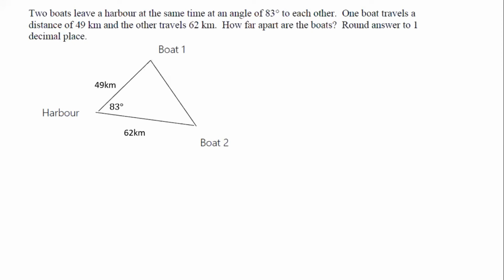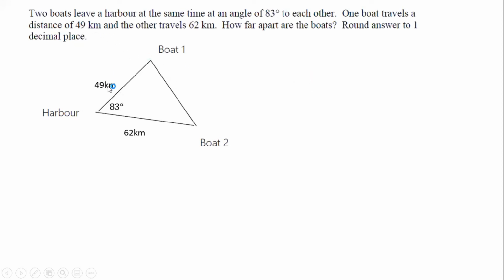So I don't get it. No? Okay. Like the 49 km and the 62 km. Yeah. All right. Let's read what the question says. 2 boats leave a harbor. Here's a harbor right here. At an angle of 83 degrees to each other. That's why there's an 83 degree angle between the 2 lines, right? Because these 2 boats are going away from each other.